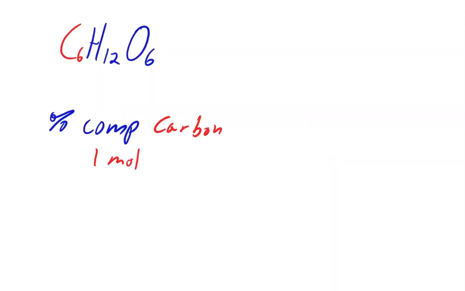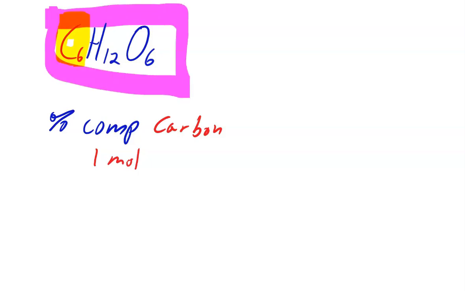Okay, so the question would ask about the mass of carbon in the mass of the whole compound of glucose. So the part would be just the carbon, and the whole would be all of glucose.